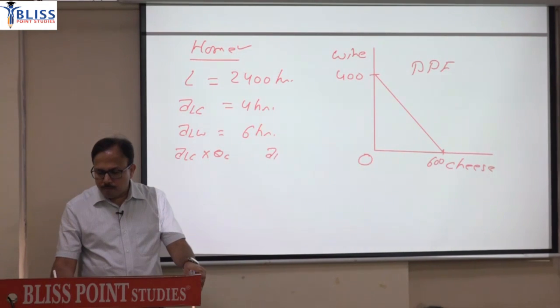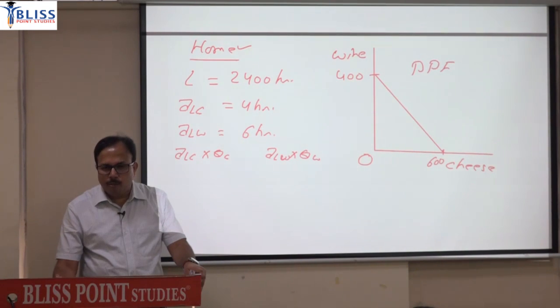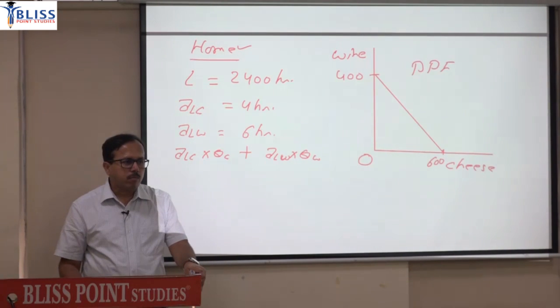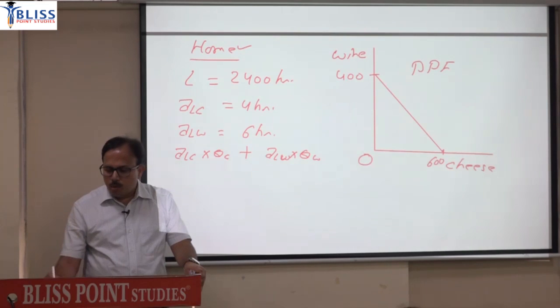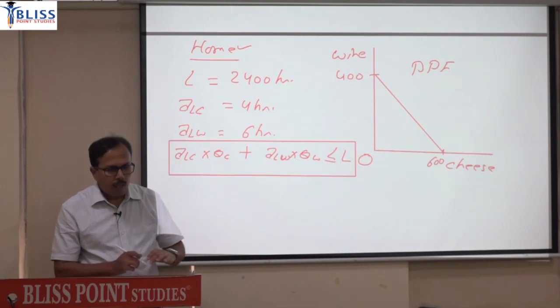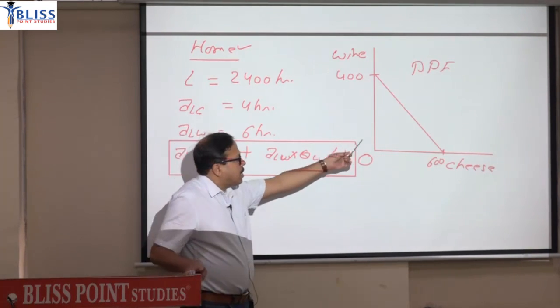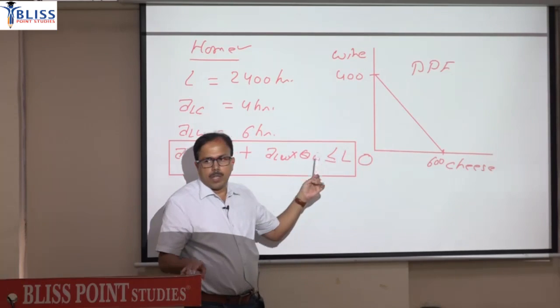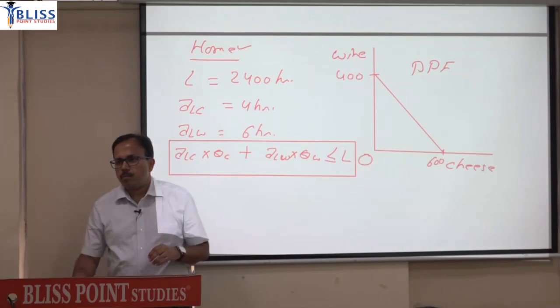Similarly, ALW multiplied by quantity of wine, that will be the time for wine. If you add both, that is the total time. So this value must be less than or equal to what? L. Less than means inside the line, equal to on the line.